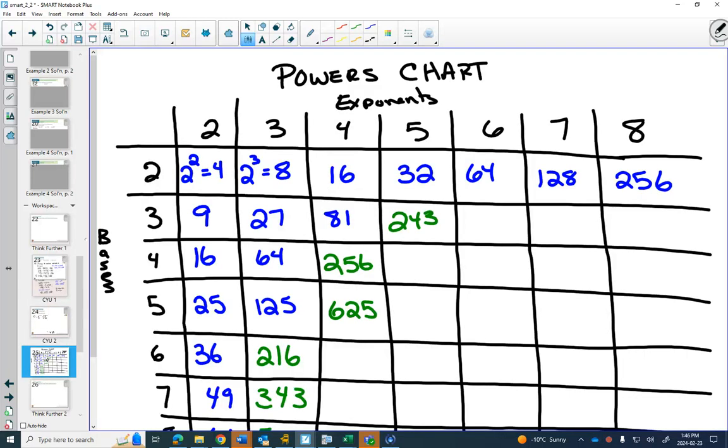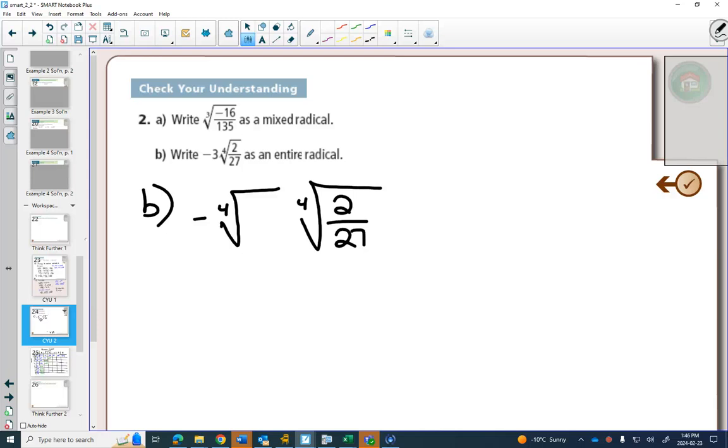Again, in my powers chart, I'm like, oh, 3 to the 4 is 81. So I can change the 3 to a 4th root of 81. And I'm multiplying, so this means I can multiply 81 times 2, because how do you multiply fractions?